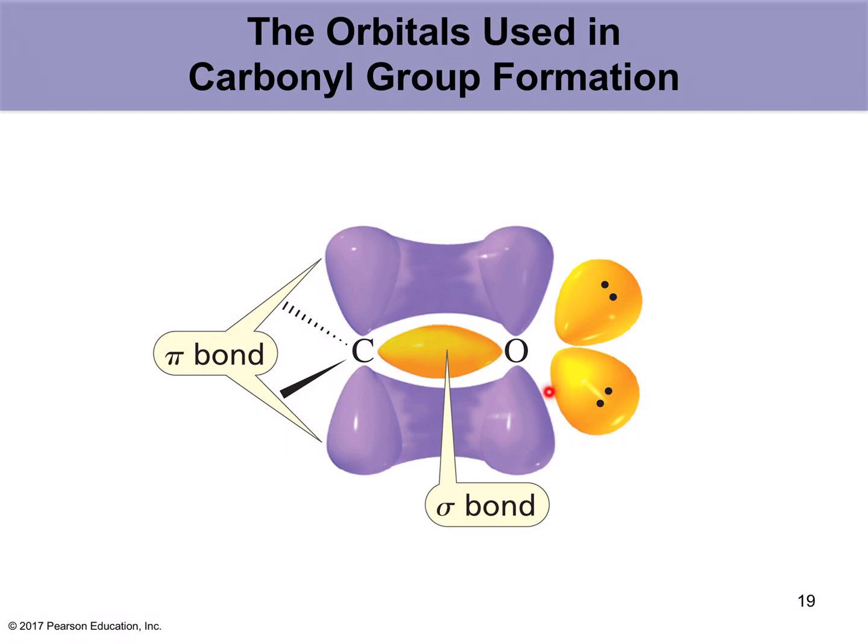The pi bond would be above and below, perpendicular to the sigma bond. The sigma bond is formed by sp2 overlap, whereas the pi bond is formed by overlap of the unhybridized p orbitals. And your lone pairs also end up on sp2 hybrid orbitals on oxygen.